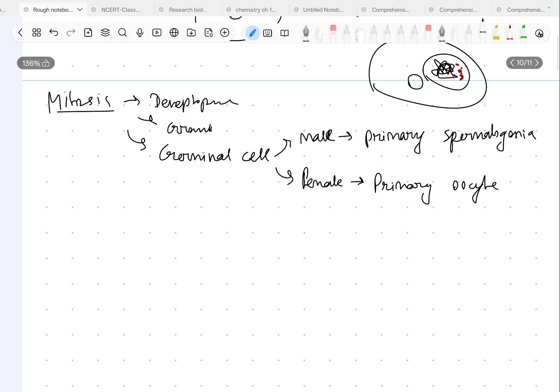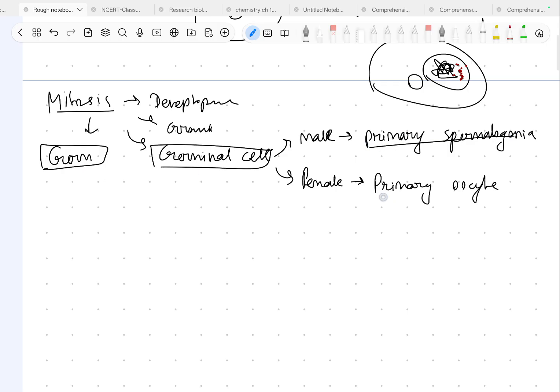But it doesn't occur in the germ cell. There is a difference between the germinal cell and germ cell. Germinal cell means the primary spermatogonia and primary oocyte, but the germ cells are the sperm and ova.